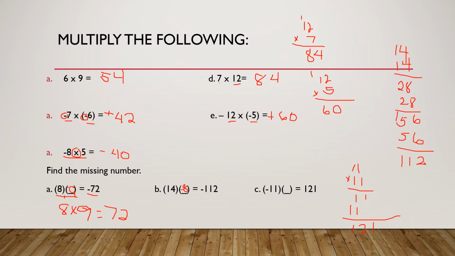But we have negative here. That means the other factor is negative 11, because negative times negative gives positive. So remember class, a positive, even if it has no sign, is still positive. Okay? Did you understand? Okay.